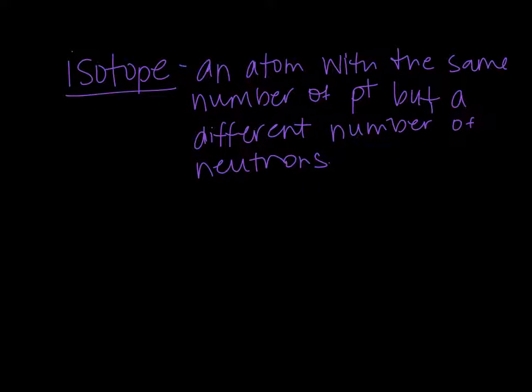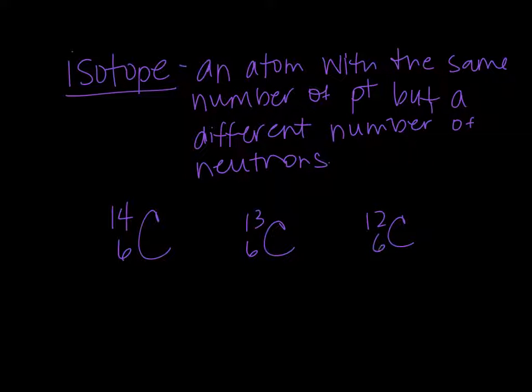Okay, so if we wanted to look at these, let's say we have carbon 14, carbon 13, and carbon 12. All three are isotopes of carbon because they have a different mass.